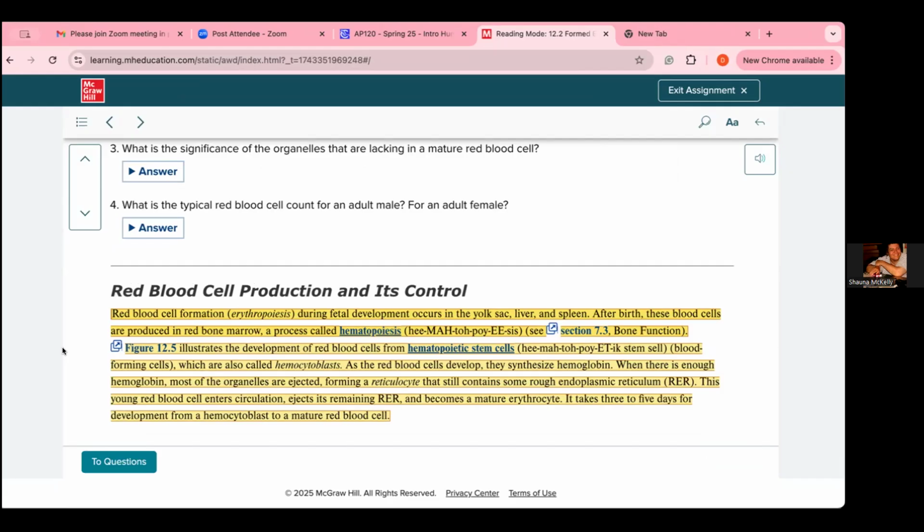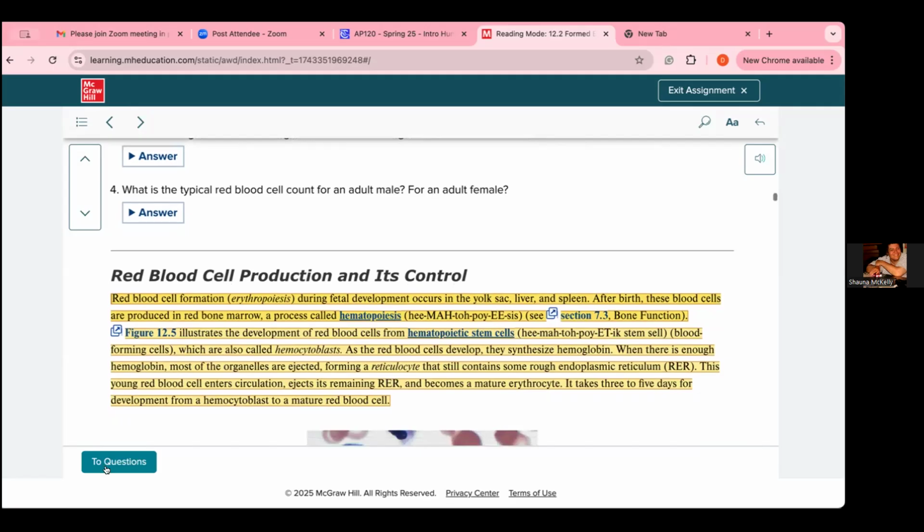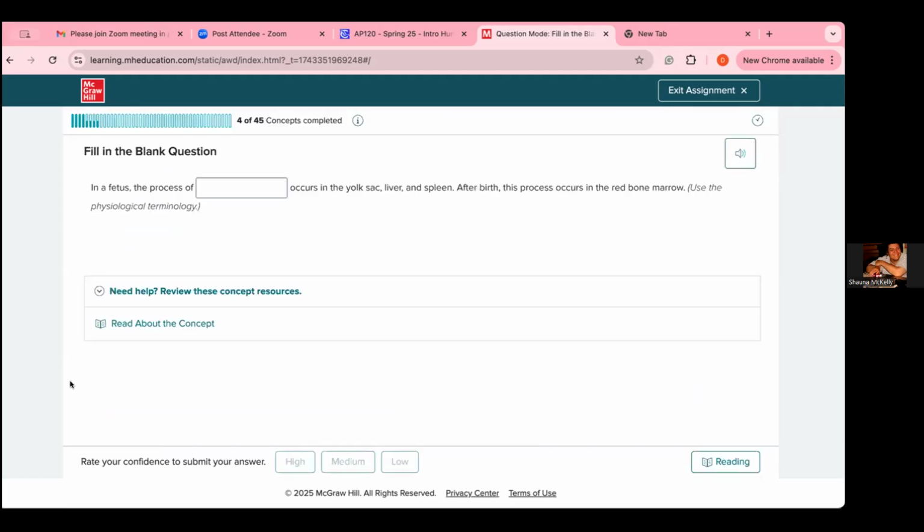Which one did they want? Let's check. Let's go to the question, because I'm not sure if they wanted erythropoiesis or hematopoiesis. In the fetus, sorry.